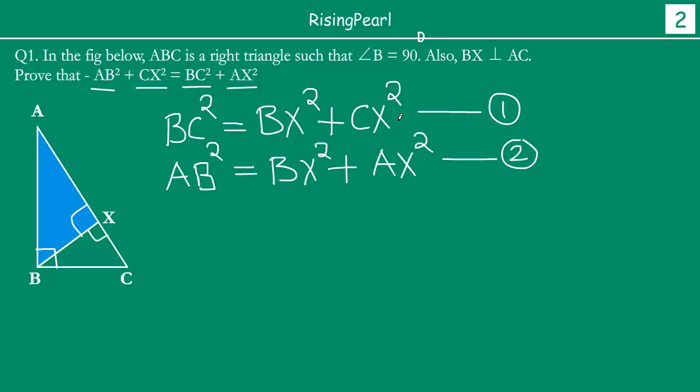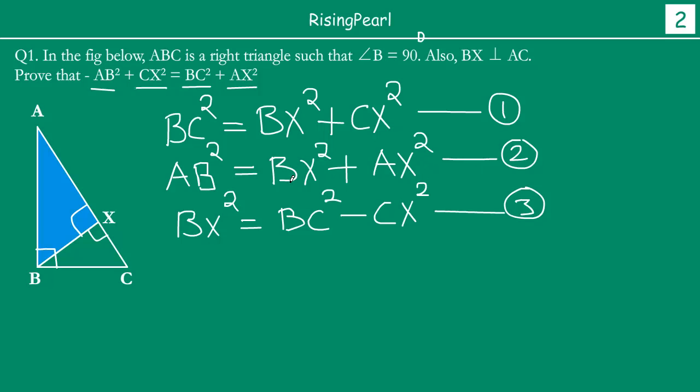So from equation 1, we get BX square is equal to, we will move the CX square on the other side of the equality sign, and so plus will become minus. So we will get BC square minus CX square. Let us call this equation 3. And now we will replace BX square in equation 2 with this value.